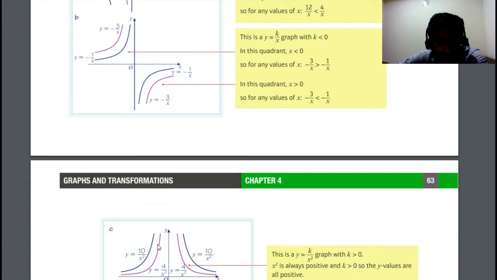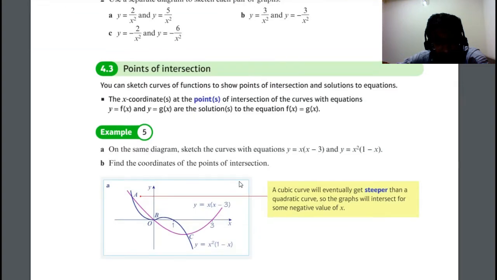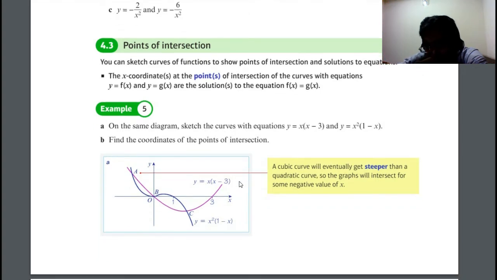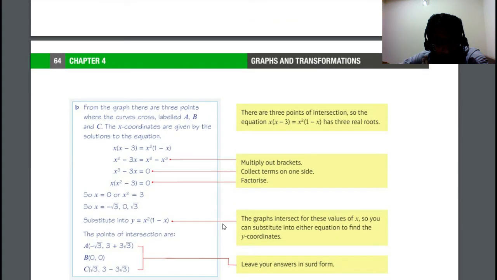Points of intersection: again, you equate the two equations, substitute y is equal to this, y is equal to that. You get the points of intersection for whatever curves or lines you have got.